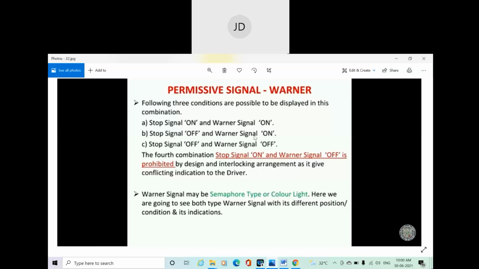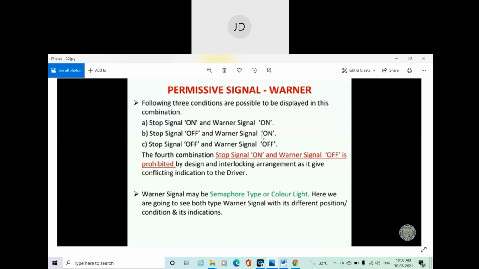But the Warner signal can be on because it gives information about the stop signal or station coming nearby on your railway track. It has to be present there. You may not be required to stop now, but in the coming section you have to stop, or you have to reduce the speed. So to give warning, this Warner signal has to be on.